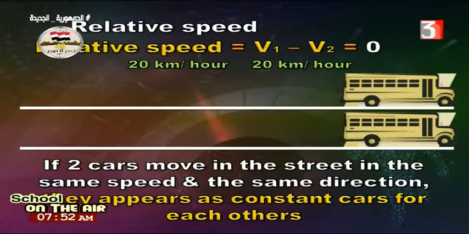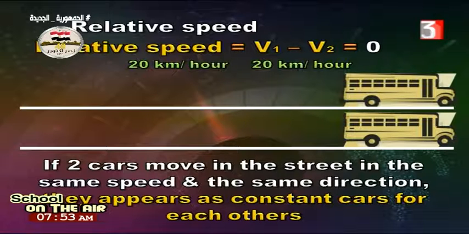Because of relative speed, if two objects move in the same speed and the same direction, we do subtraction between the two speeds. V1 minus V2 equals 0. So it's as if the first car is standing relative to the second bus, not moving, because they move in the same speed and in the same direction.